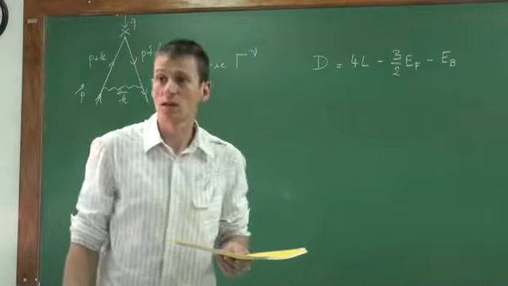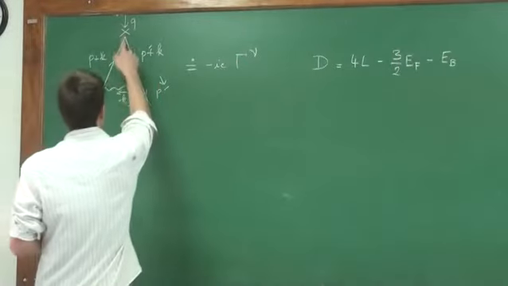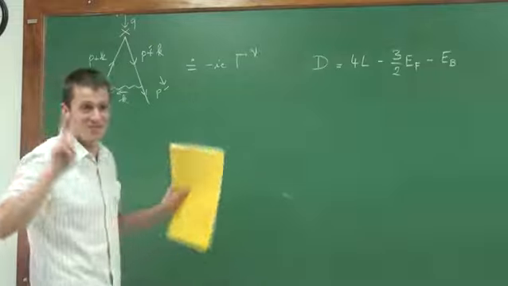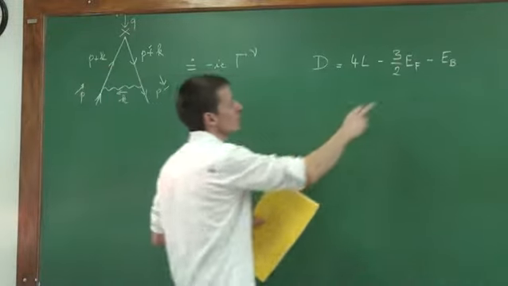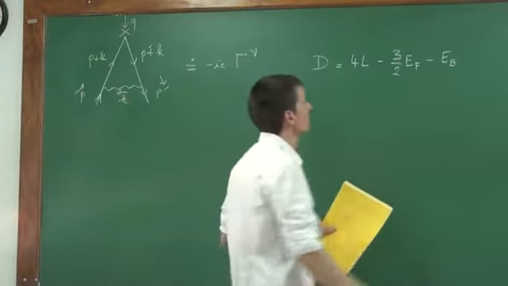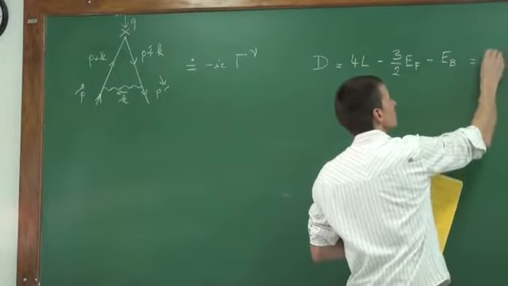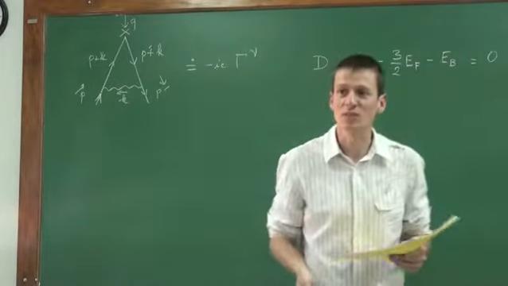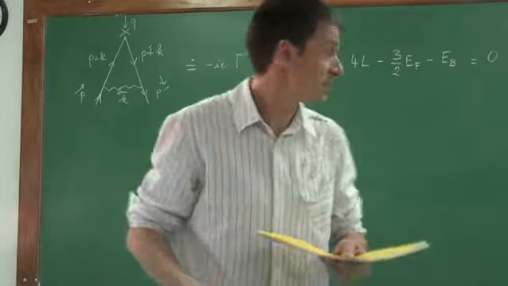Okay? Here we have only one external boson and two external fermions. So we find 0, which means that this is a logarithmically divergent diagram.